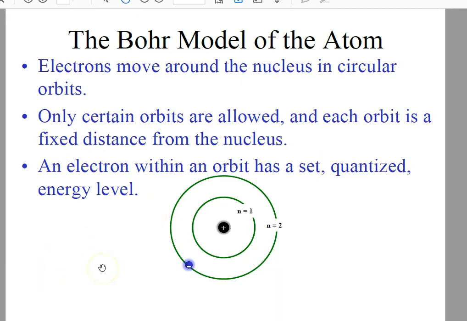So Bohr says these electrons are moving around the nucleus in a circular orbit. Only certain orbits are allowed, and each orbit is a fixed distance from the nucleus. An electron within an orbit has a set, here's this word, quantized energy level. So the reason that the electrons would only come off at a certain point, not before that, was because they are a set distance from the nucleus.